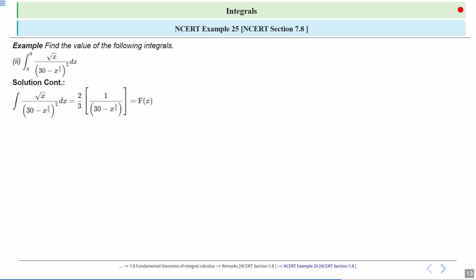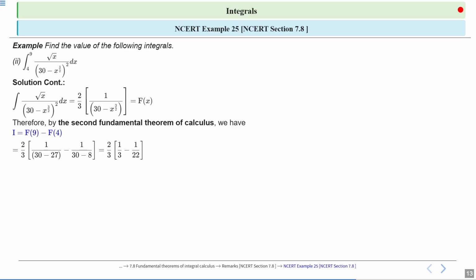In the second step, we apply the second fundamental theorem of integral calculus, which says the value of a definite integral is equal to the value of the antiderivative at the upper limit minus the value of the antiderivative at the lower limit a. So now we calculate f(9), that is the upper limit, minus f(4), that is the lower limit.